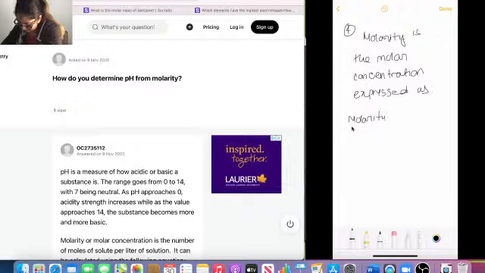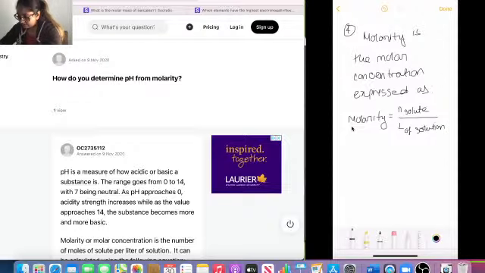molarity is equal to the number of moles of solute over the volume in liters of solution.